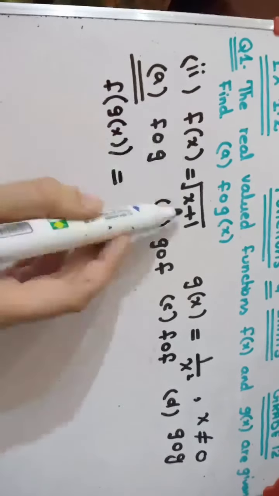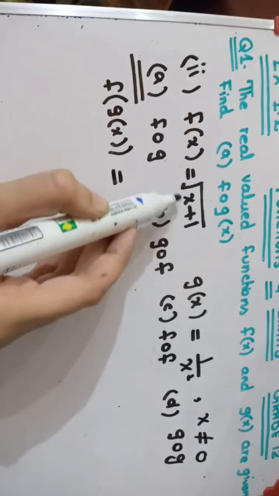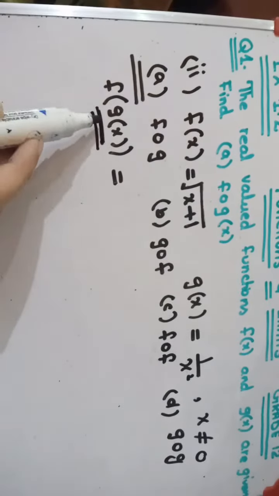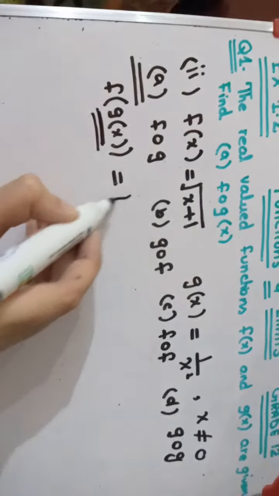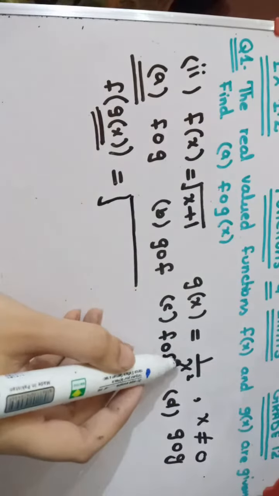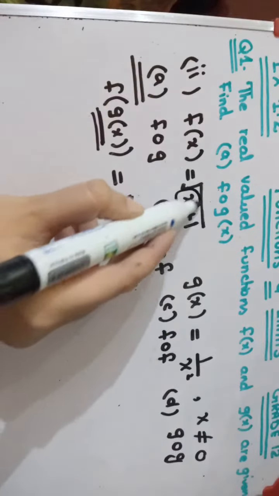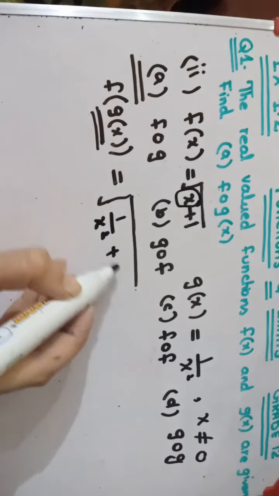Then you have f of x, under root x plus 1, and you have to put the value of gx in f of x. Then it will become f of g. So as you know that the value of g of x is 1 over x square, then put in the place of x. It will become 1 divided by x square plus 1.